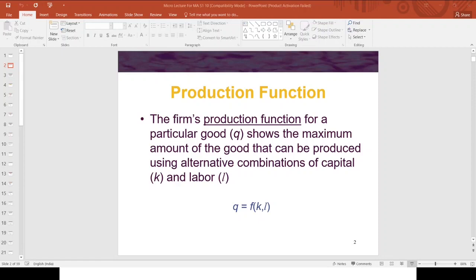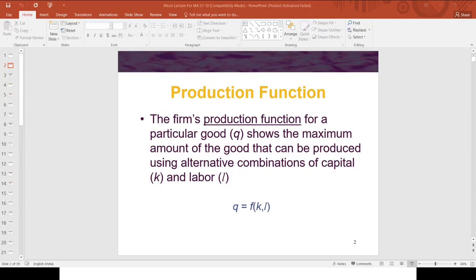Now we can expand this and divide by Q, which gives us (dQ/dt)/Q = (dA/dt)/A + (∂f/∂K)/f(K, L) times dK/dt plus etc.